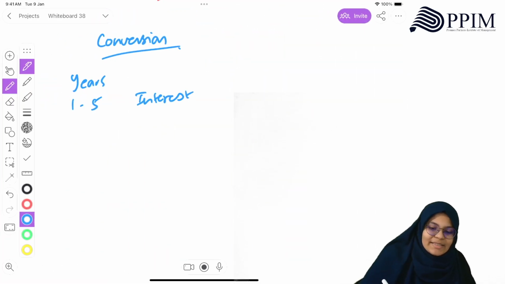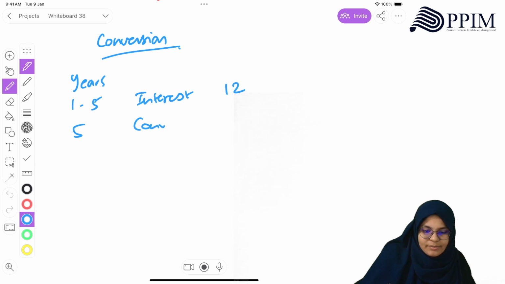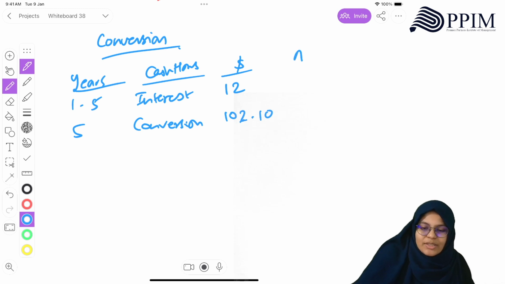So the interest is going to be 12, and in year 5 we will go for conversion, which is 102.1. These are the cash flows. Then you need to use either the annuity factor or the discount factor at 10%, the pre-tax rate.